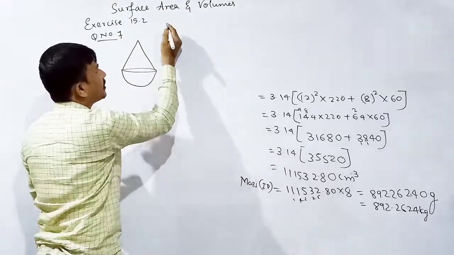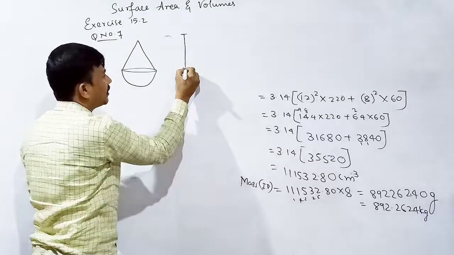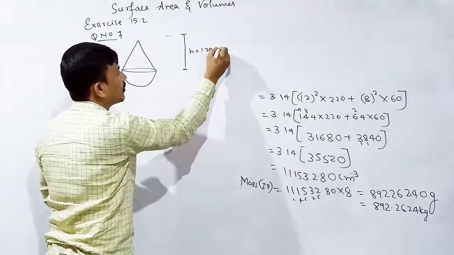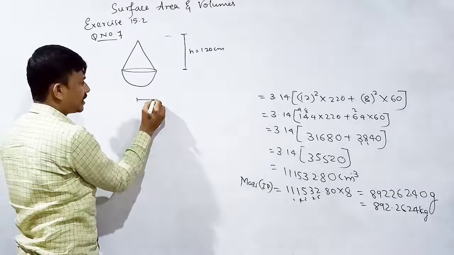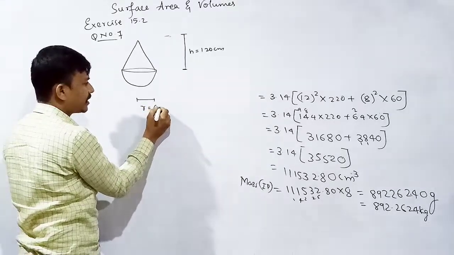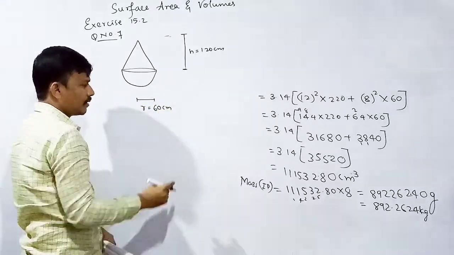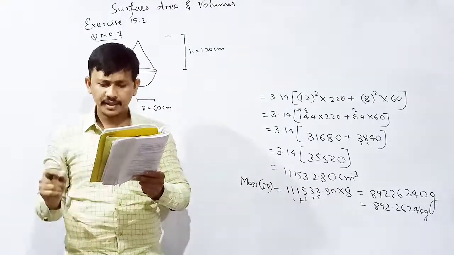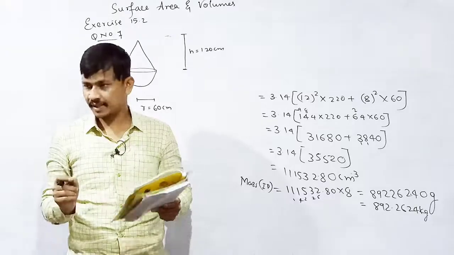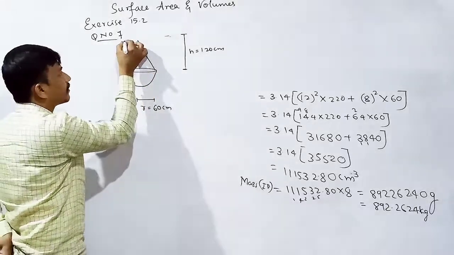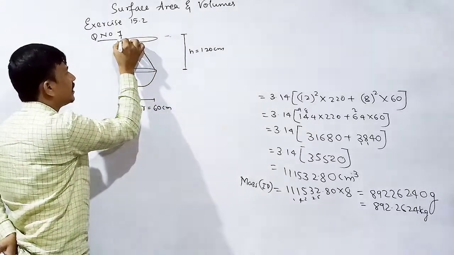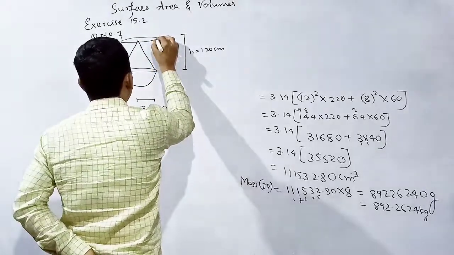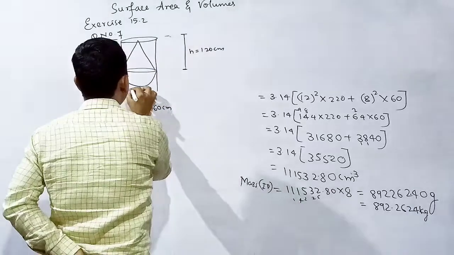Height of the cone is 120 centimeter and the radius is 60 centimeter. R is equal to 60 centimeter. Then it is placed upright in a cylindrical vessel. It is placed in a cylinder. This figure is placed in a cylinder. This is a cylinder. Okay, it is placed in a cylinder.